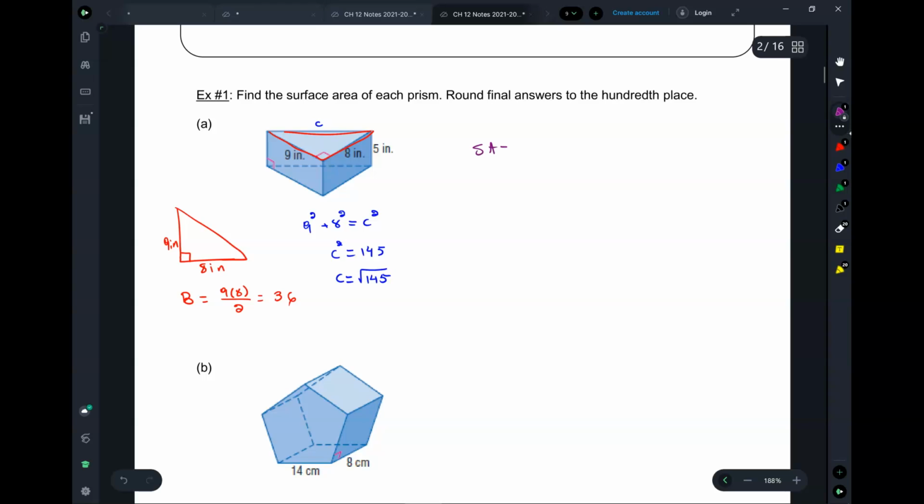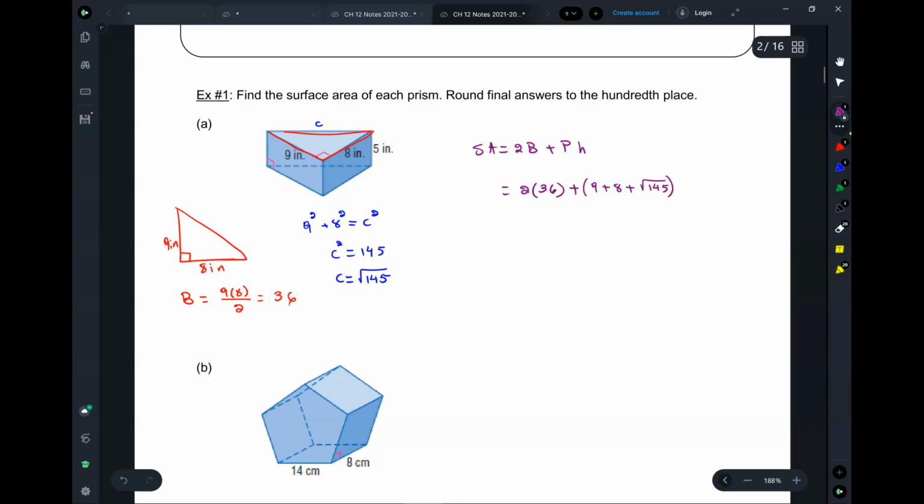So the surface area is 2b plus the perimeter times the height. This is 2 times 36 plus, what's the perimeter of the base? 9 plus 8 plus root 145.